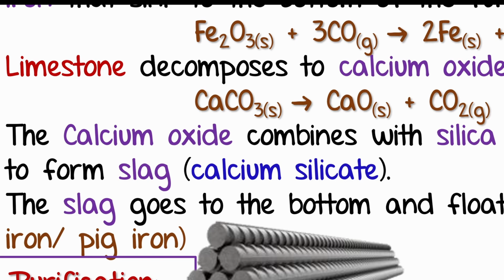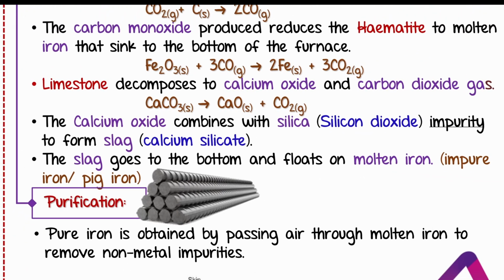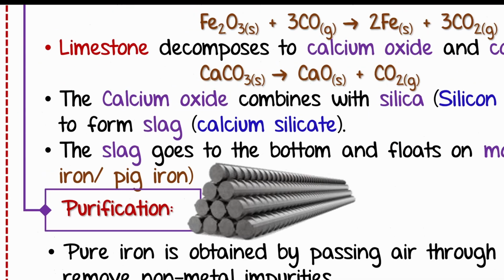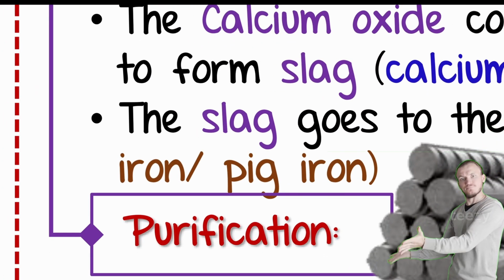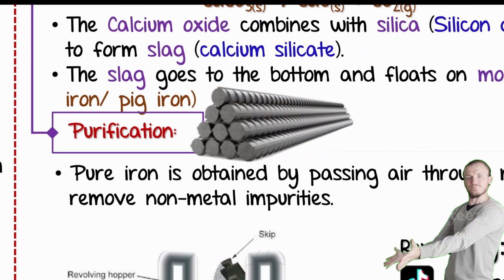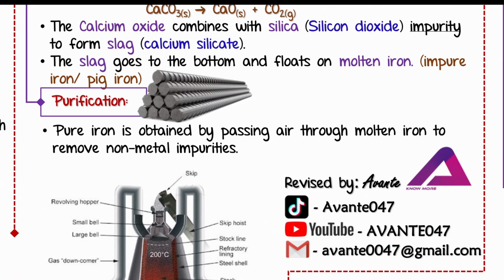This slag will go to the bottom end of the blast furnace and will float just above the molten iron. And this iron formed is known as an impure form of iron, or pig iron, and it can only be purified by passing air through the molten iron, so that you can oxidize all the non-metal impurities in it and get rid of them.